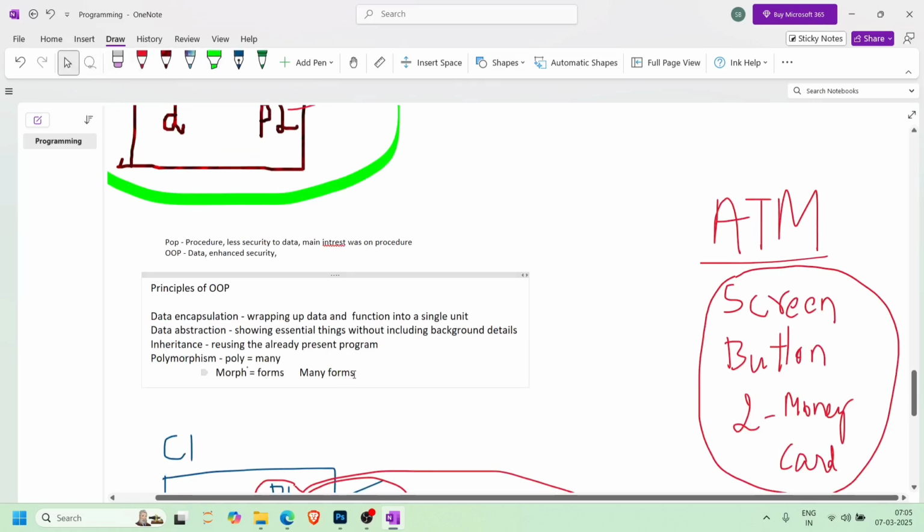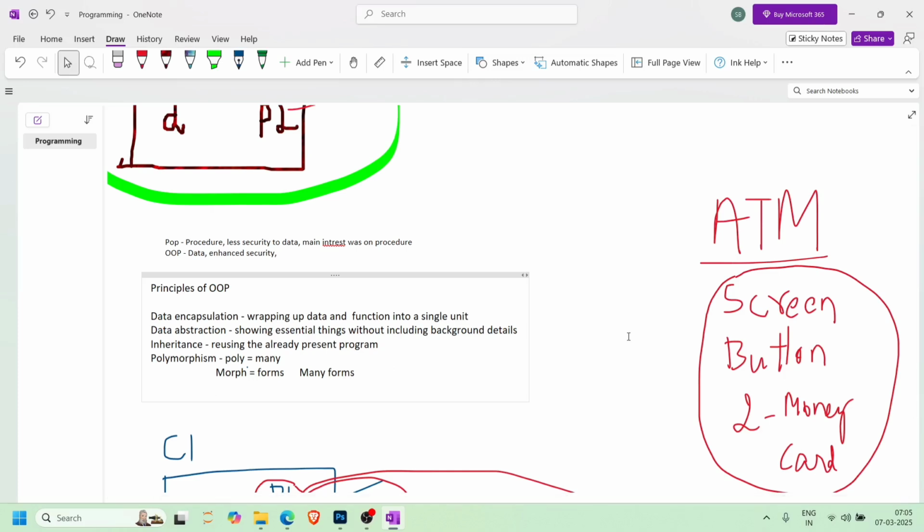You also exhibit polymorphism, isn't it? In front of friends you will be one person, in front of parents another person, in front of a teacher another person. So you are also showing polymorphism.